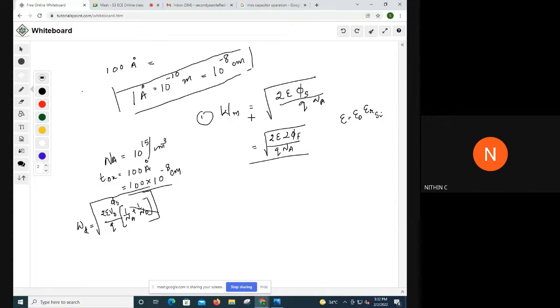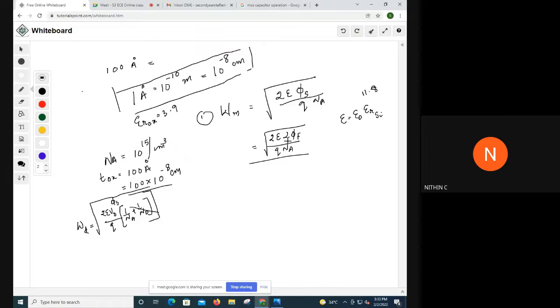Remember SI, because it is the depletion layer of the P region, the semiconductor. You should not take epsilon R of oxide, which is given as 3.9, but here you need to take epsilon R of SI, whose value should be taken as 11.8. Epsilon 0 value is 8.85 into 10 raised to minus 14.